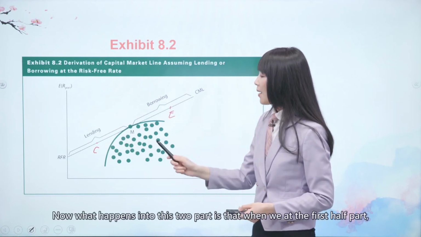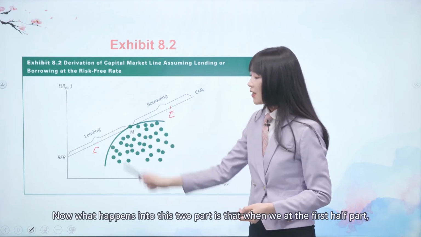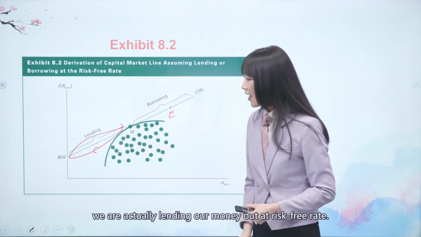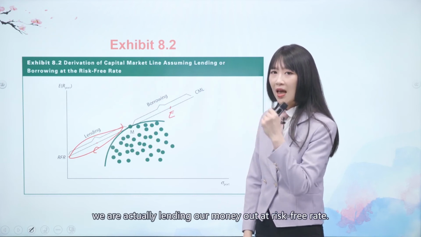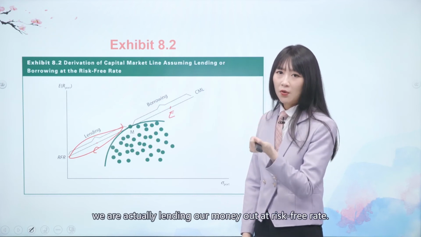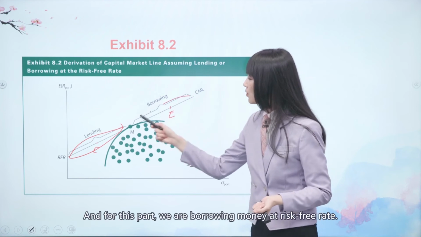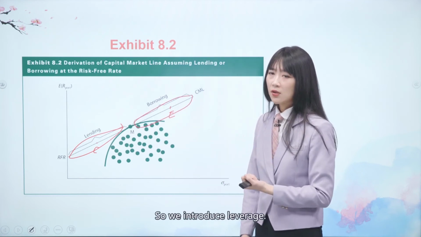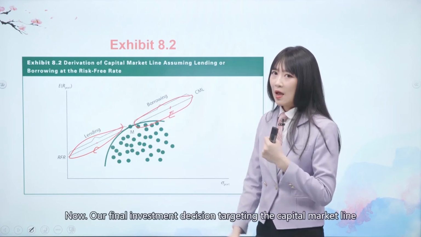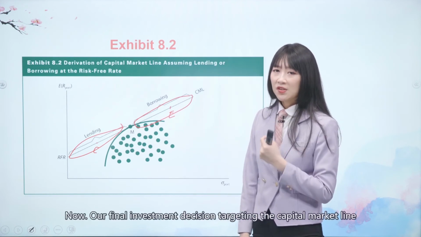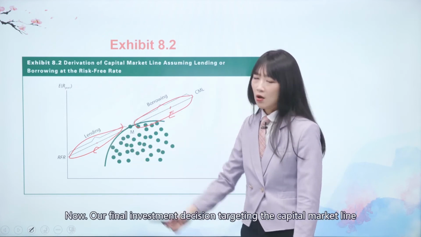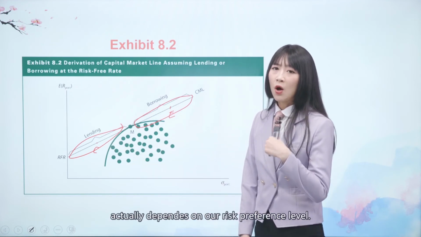What happens in these two parts is that when we add the first half, we are actually lending our money out at the risk-free rate. And for this part, we are borrowing money at the risk-free rate. So we introduce leverage. Now, our final investment decision, targeting the capital market line, depends on our risk preference.